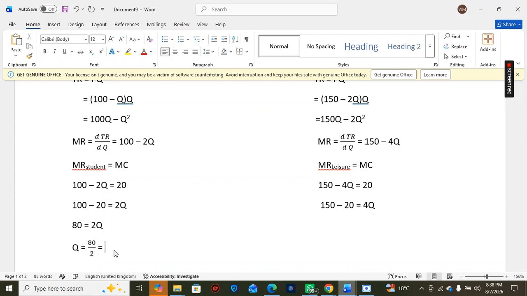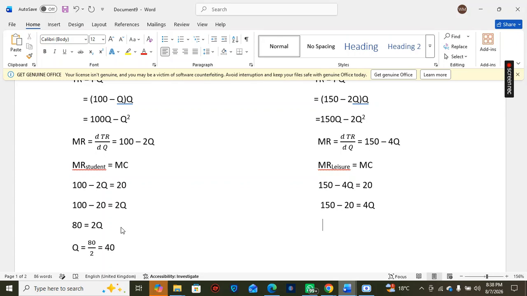So 80 divided by 2, 40 students. Okay. So for this company to maximize profit, it needs 40 student travelers.